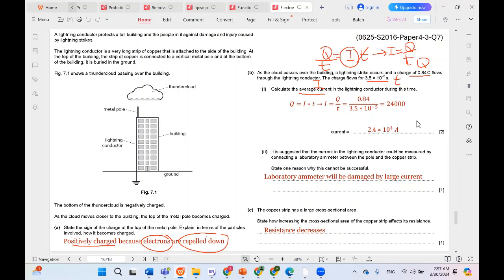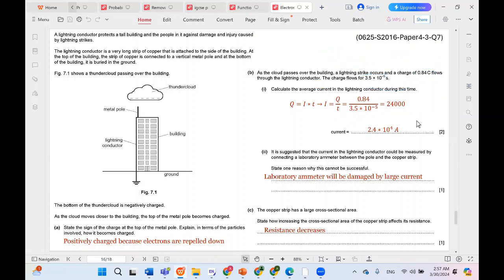So Q, or the charge, is 0.84, and the time is 3.5 times 10 to the power of negative 5. We perform the calculation on the calculator. We get 24,000 as a final answer. It's usually better to write big numbers in scientific notation. So 2.4 times 10 to the power of 4 amperes.